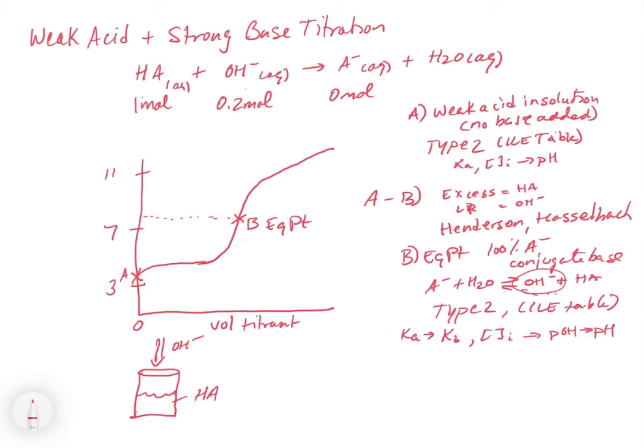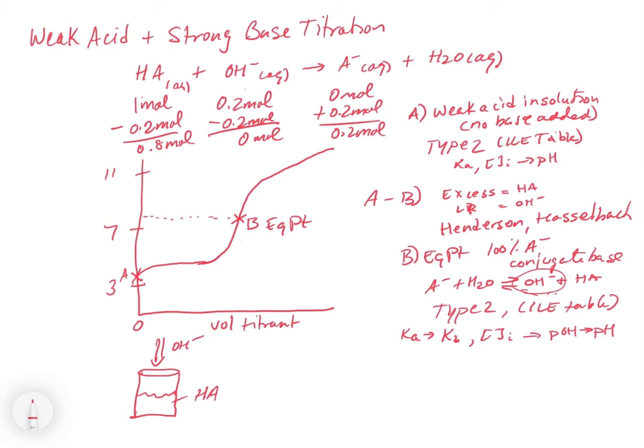Let's figure out where we are in terms of our HA, OH minus, and A minus. If we subtract our limiting reagent, the 0.2 moles, that's going to give us 0 moles of OH minus. We subtract our 0.2 moles from the HA, which gives us 0.8 moles, and we add our 0.2 moles to A minus, and we get 0.2 moles.